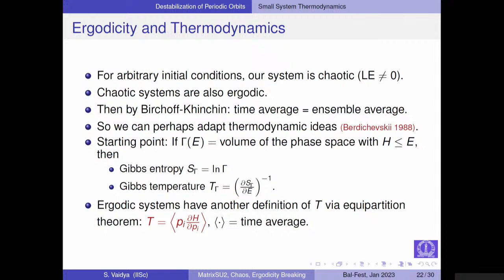This idea was suggested many years ago by the mathematical physicist Berdichevsky. The starting point actually goes back to Gibbs. Gibbs says that if you compute the volume of phase space less than or equal to an energy E, then you can define entropy as just the logarithm of this volume.